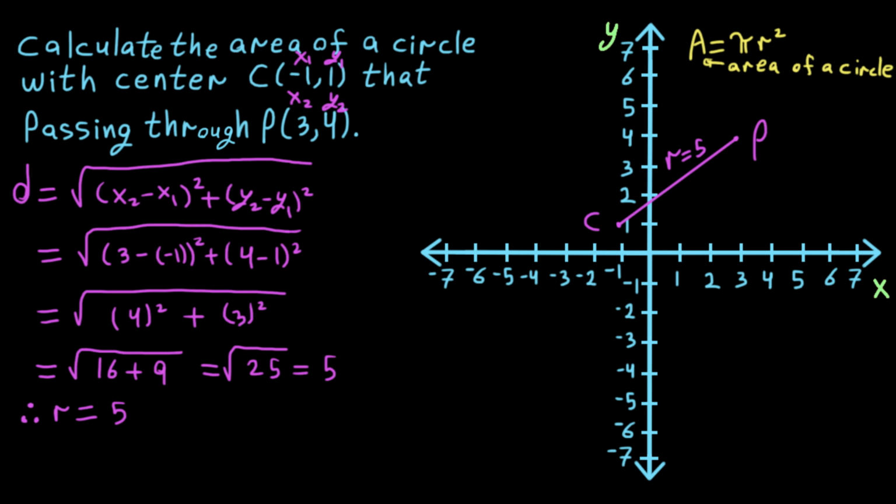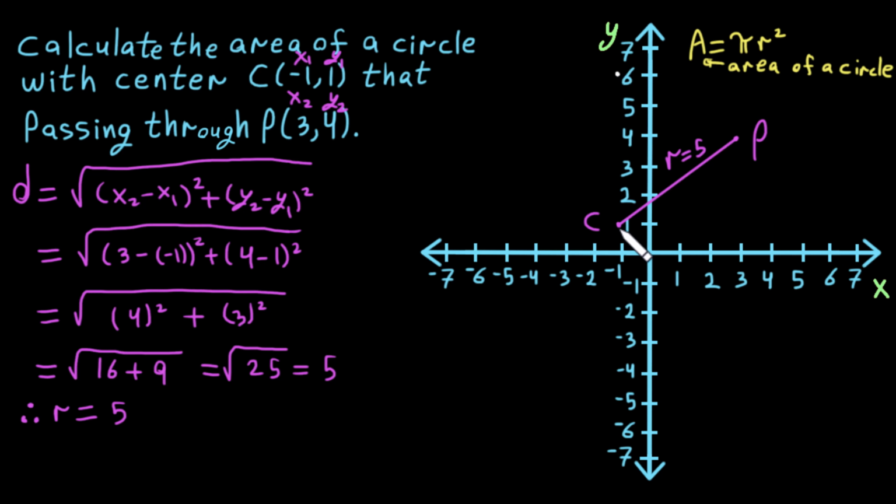Since we know the radius is 5, if we want to draw the circle here, we can go up 5 units from the center, go left 5 units, go down 5 units, and go right 5 units to draw it more accurately. So let's go 5, because the radius is 5. 1, 2, 3, 4, 5, which is here.